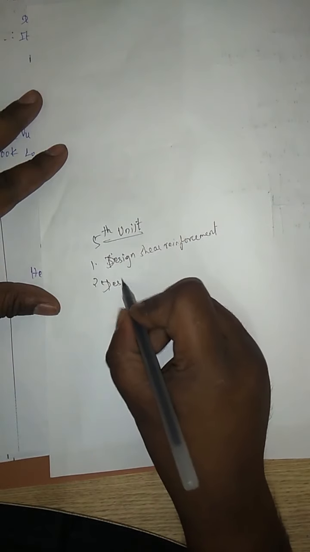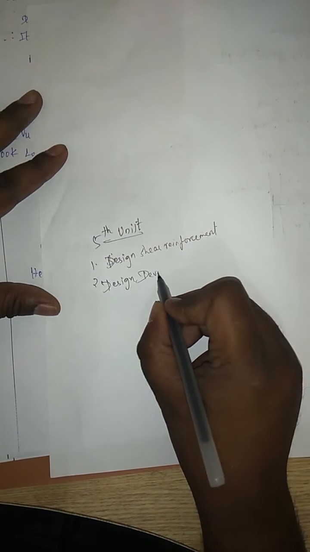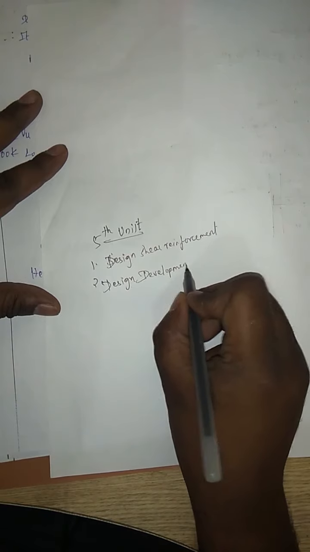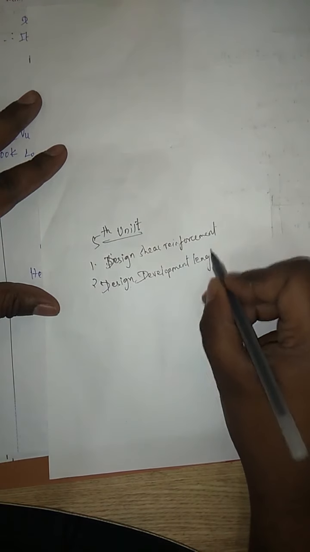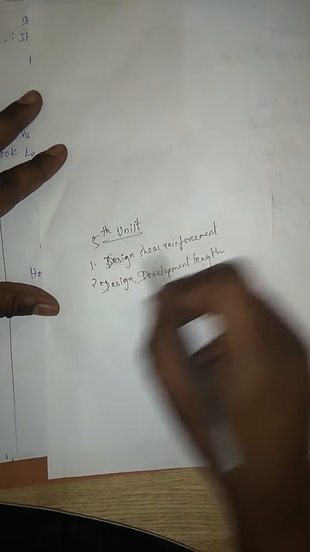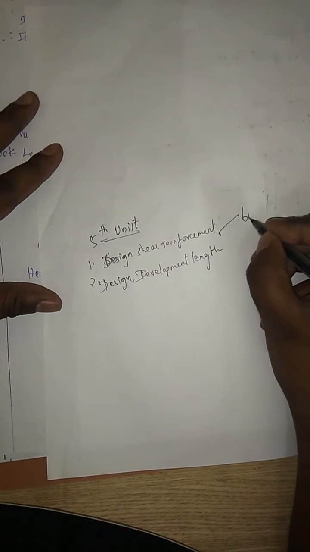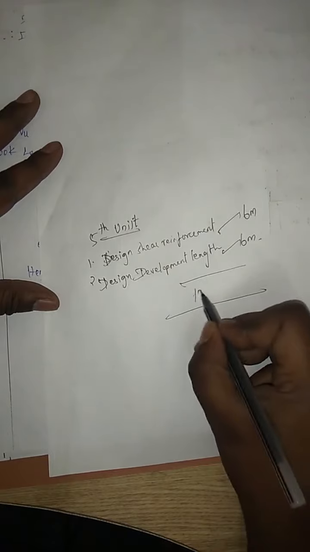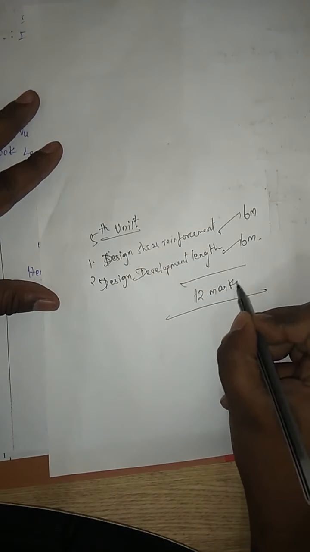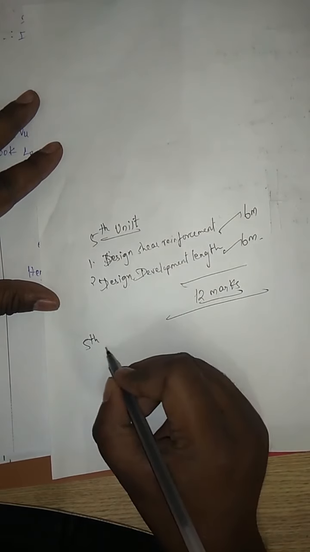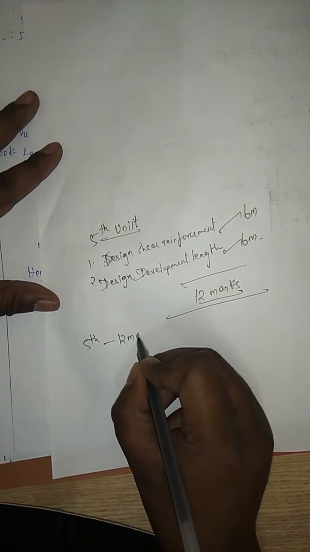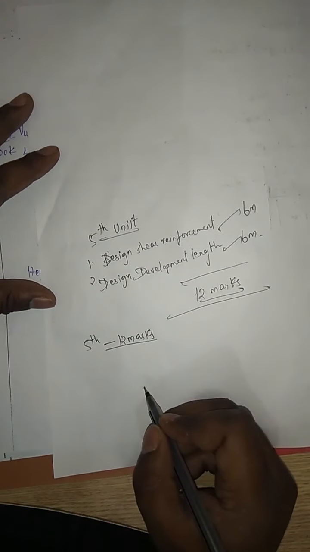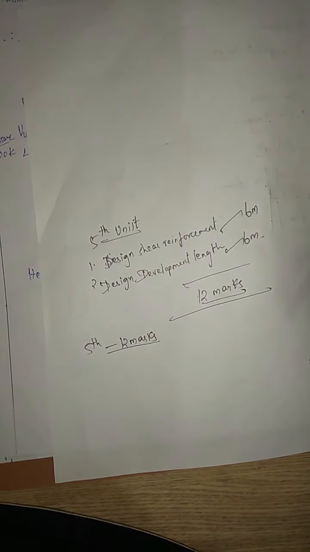The next one is design of development length. This is also easy, 6 marks will surely come. So from this unit alone you can score 12 marks. Very simple. So I hope you all will practice this unit.